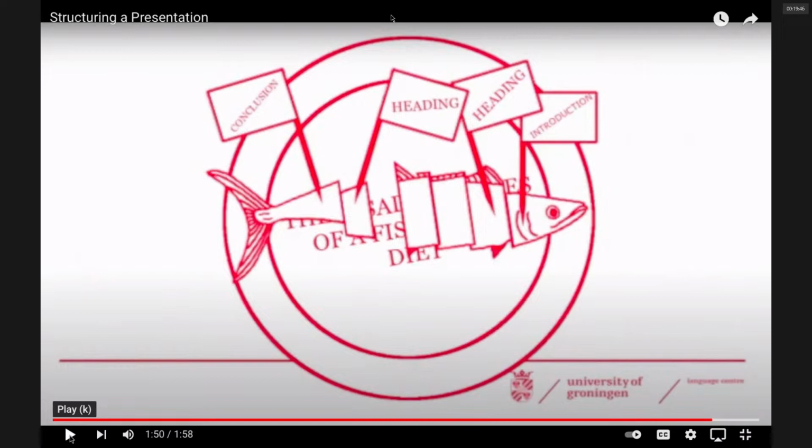Like the next point is, now I'm going to move to the next point, which is, okay, the following is, okay, so that is a signal for the audience to follow you moving from one point to another.